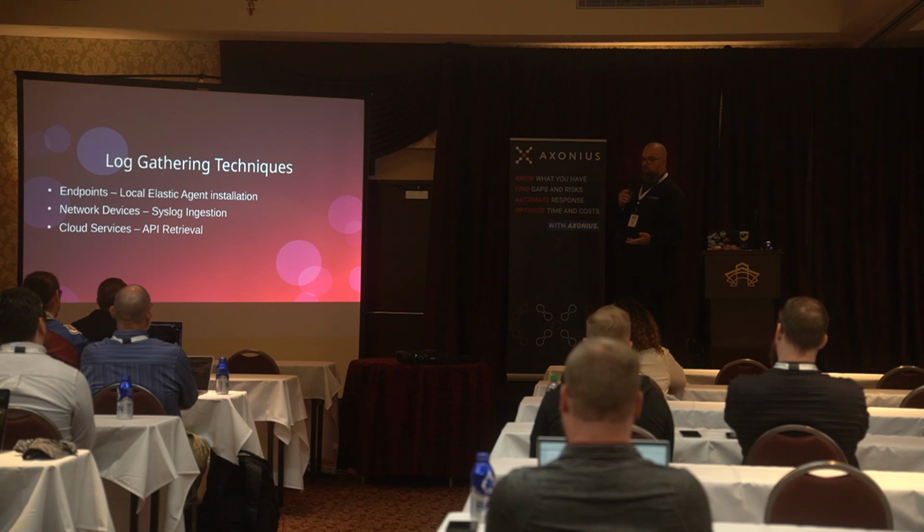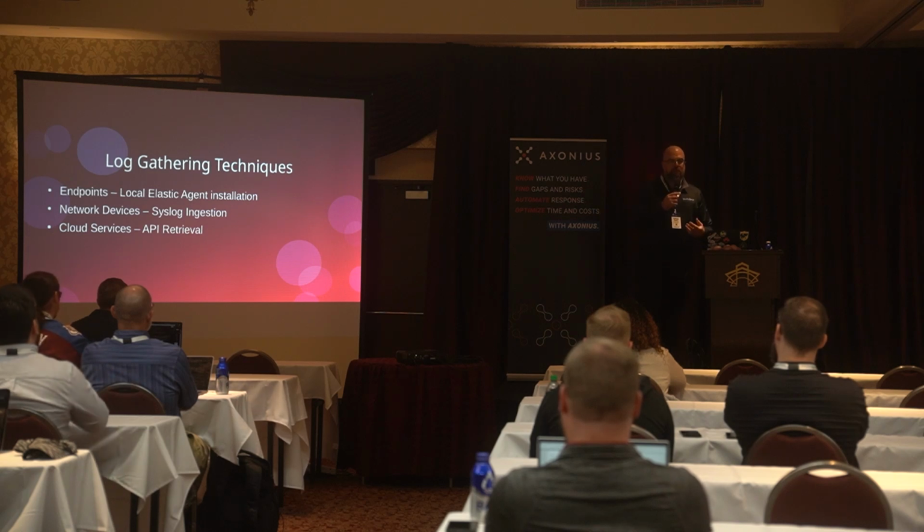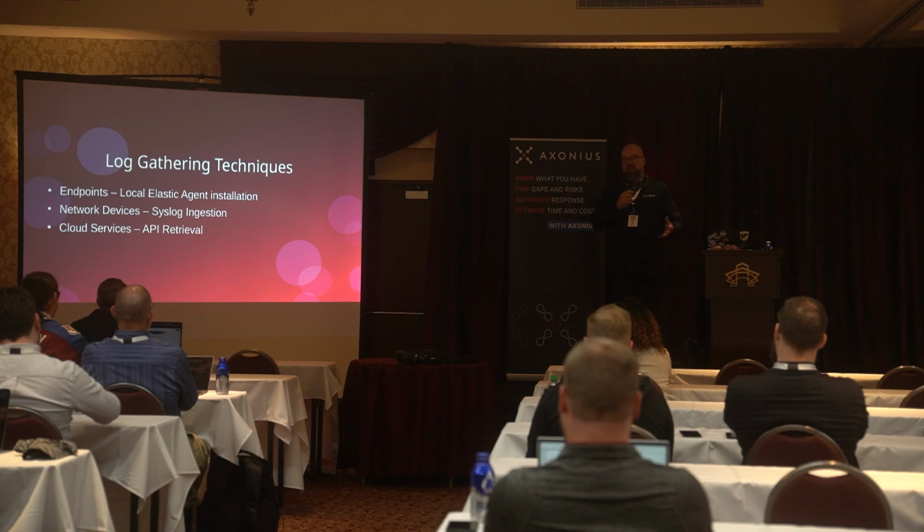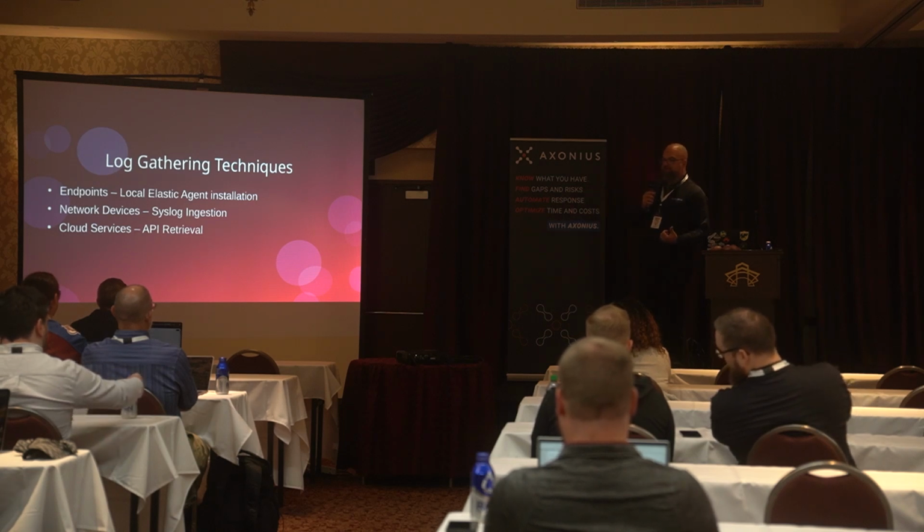Mac OS supports both CPU architectures, and it can be deployed to the endpoints in your environment and used to gather log information that they're already generating. So if you have Windows security logs, system logs, application logs that are being written to the local disk, you can tell the Elastic Agent, pick those logs up and forward them into my Security Onion deployment.